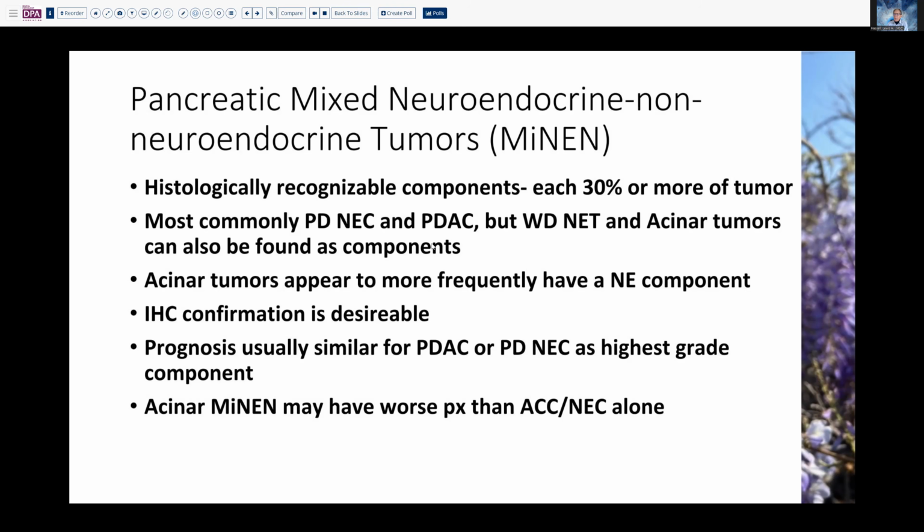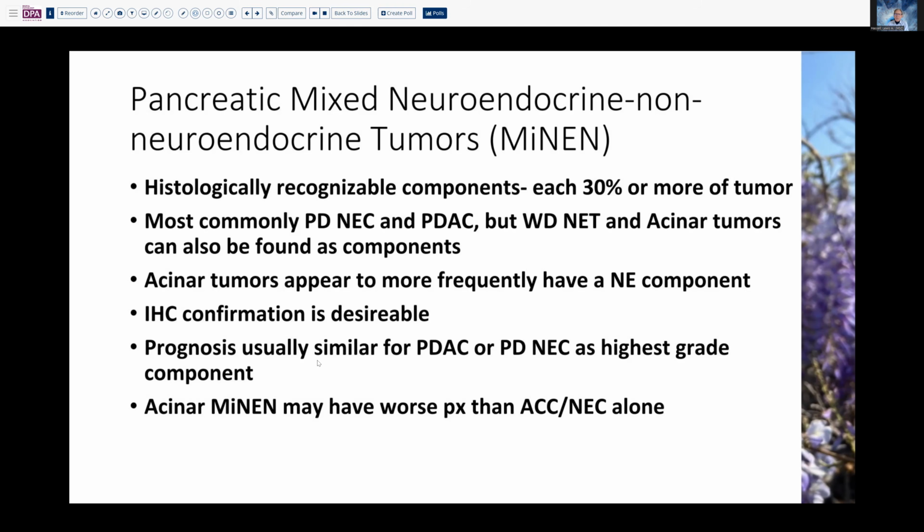But of course, they're far more common as a whole. Using immunohistochemistry is probably preferable to provide more solid evidence that these are indeed discrete elements without an amphicrine appearance, if you will, of both features being present in both types of tumor.